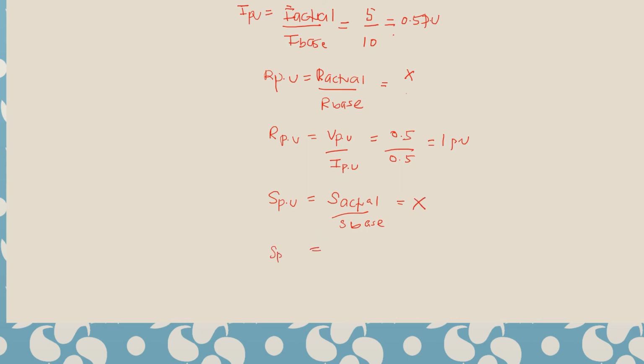Instead you use this formula, because you know your V PU and you know your I PU. That will give you S PU, which is 0.25 PU. Great, so you answer this question, and you answer this question as well.